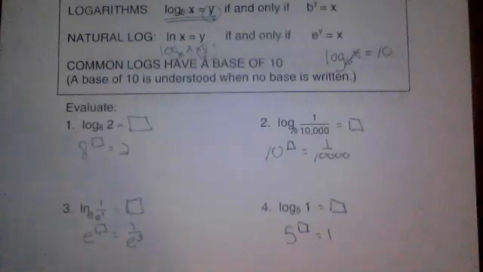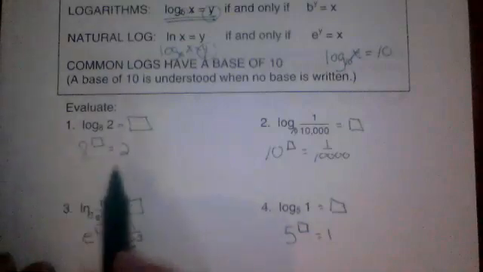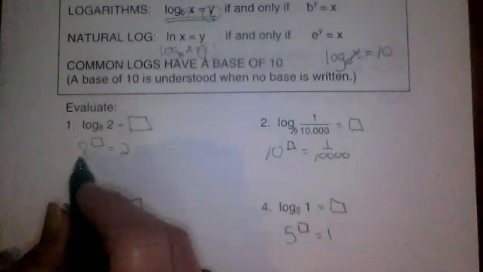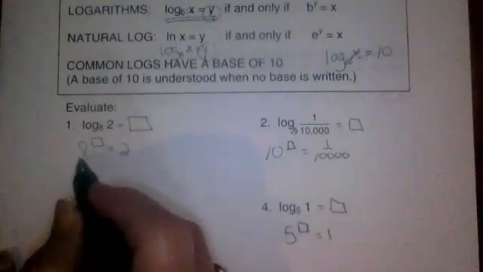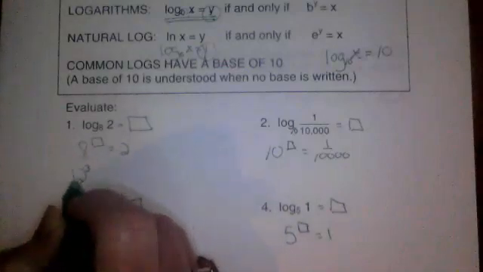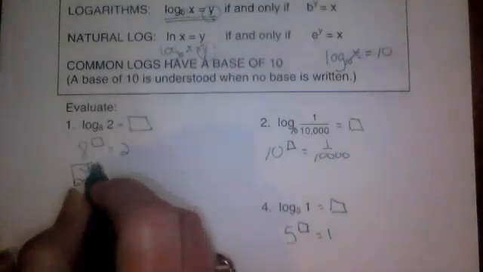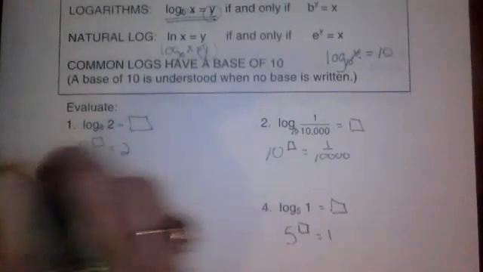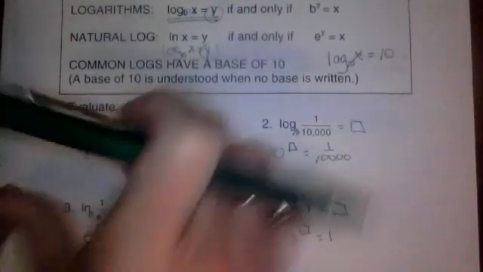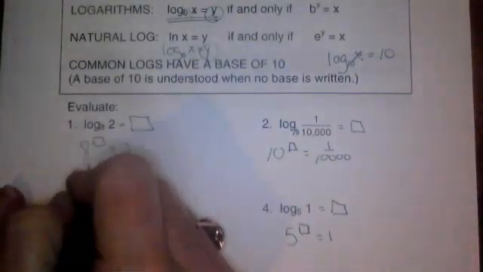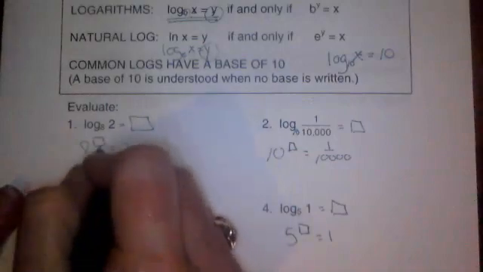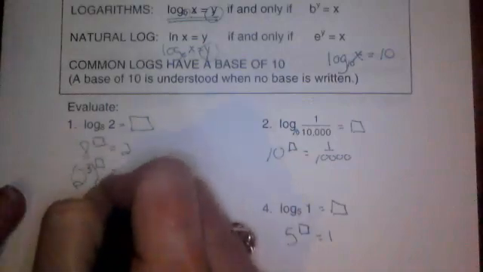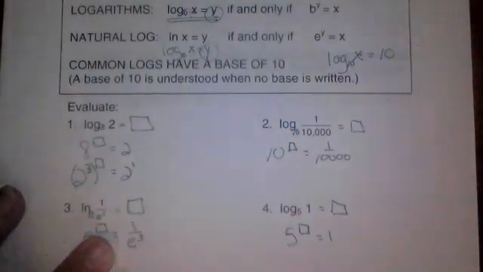Now, we're going to go ahead and solve each of these. In order to solve, like we did in our last unit on exponents, we're going to need equal bases. So 8 is 2 to the third power, raised to some unknown power. I probably shouldn't have boxed that. We already have too many boxes. Let me undo that. We just have 2 to the third power raised to this unknown power equals 2 to the first power.